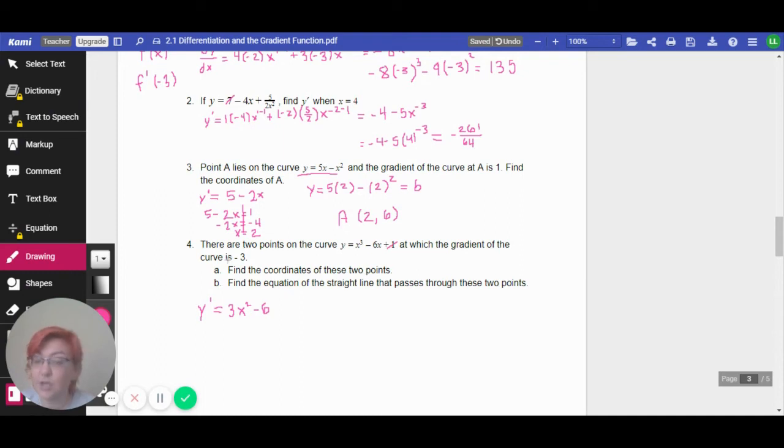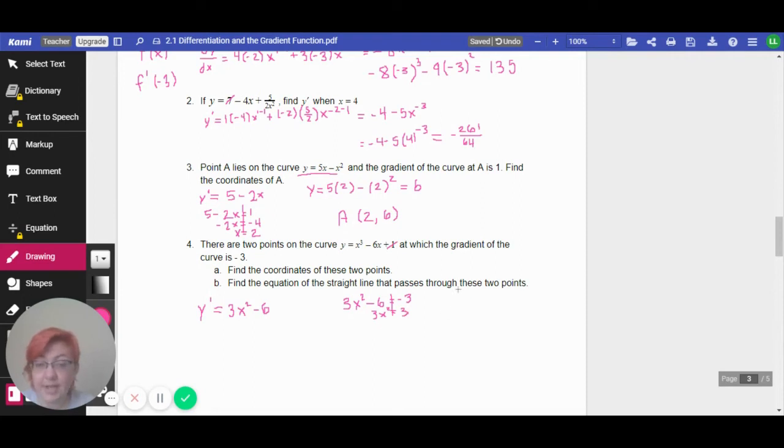Now, I am actually going to find the coordinates of these 2 points. I'm going to set this equal to negative 3. So 3x squared minus 6 equals negative 3. Okay. I am going to add 6 to both sides. So 3x squared equals 3.